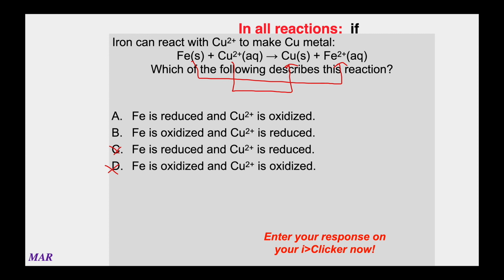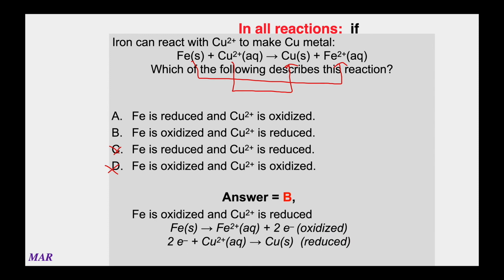So the iron here is losing electrons, it's being oxidized. The copper 2 plus is going to copper 0. Copper 2 plus would have to gain electrons to become copper 0. Copper 2 plus then is being reduced. So you can look at the similar species to see what's happening.